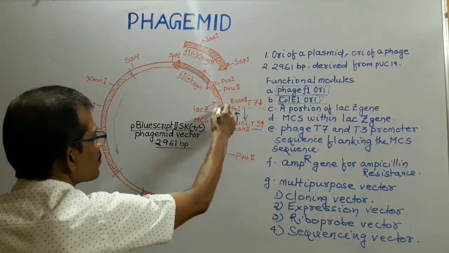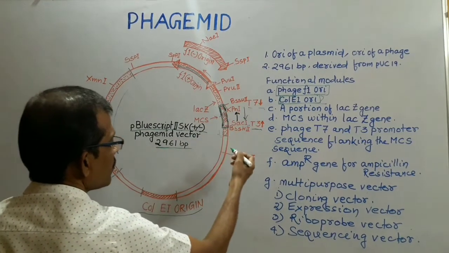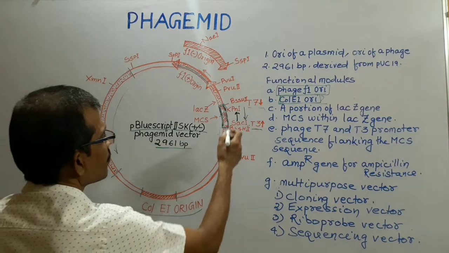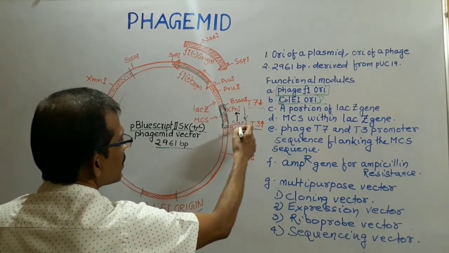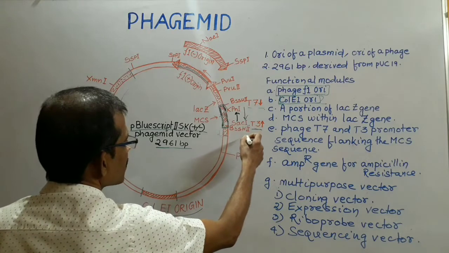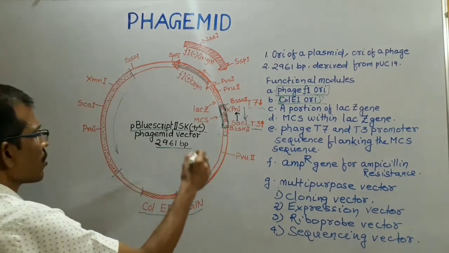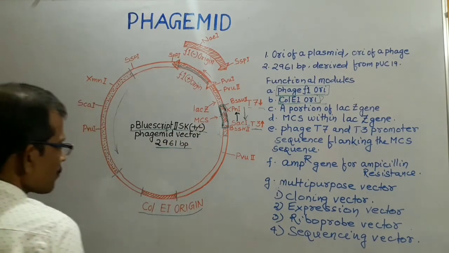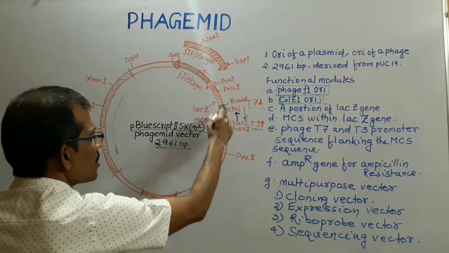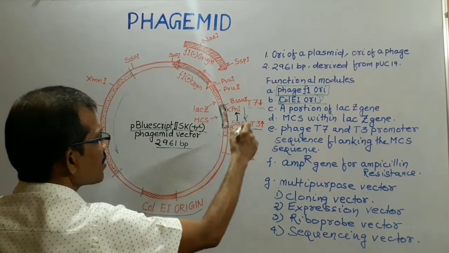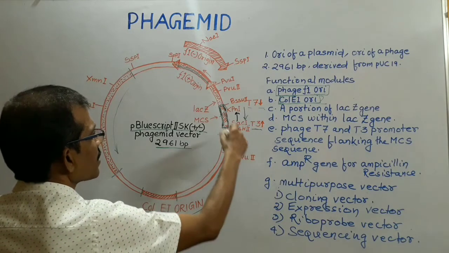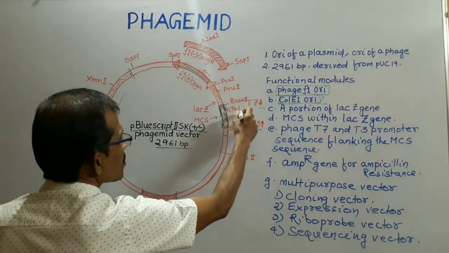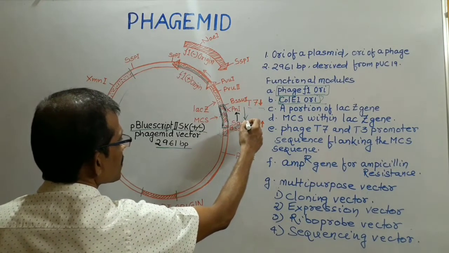The orientation of the MCS sequence can also be reversed. In that case, transcription of the lacZ gene will proceed from KpnI restriction site to SacI restriction site.